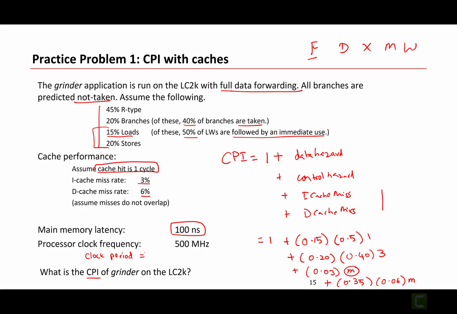The frequency says I can switch 500 times 10 to the power of 6 times within a second. So to compute how much time it takes for every cycle, you need to do 1 over that. That's 1 divided by 500 times mega, which is 10 to the power of 6.